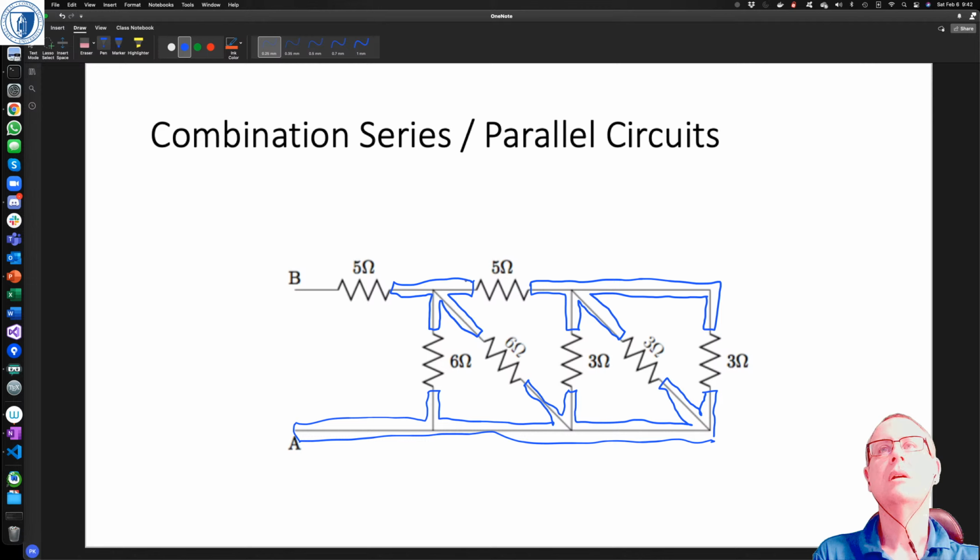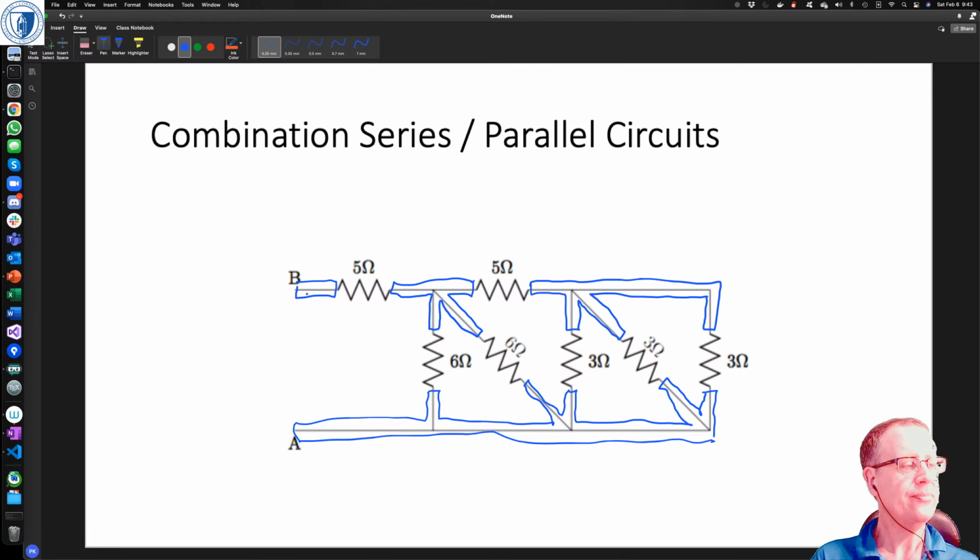And there's one here. Right, and the thing you were trying to find is to replace all of those resistors with a single equivalent resistance between nodes A and B that is electrically the same.